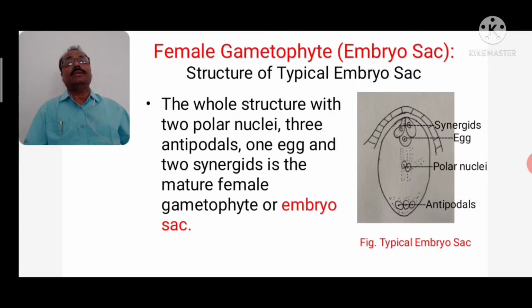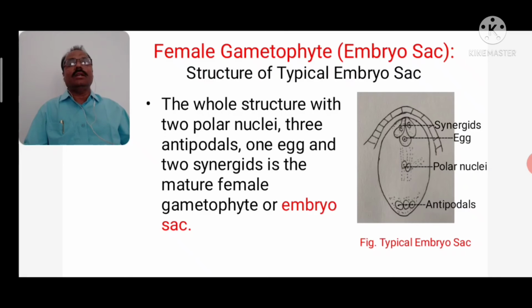Subsequently, these nuclei are reorganized. One nucleus from each group at a pole migrates to the center of the cell. These 2 nuclei are called polar nuclei. The 3 nuclei left at the chalazal end are surrounded by walls and form antipodals.